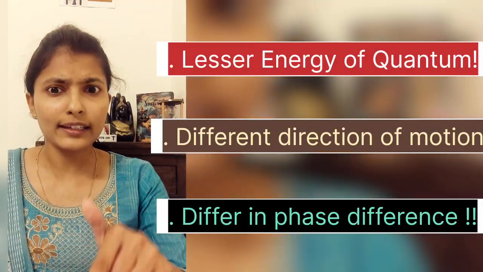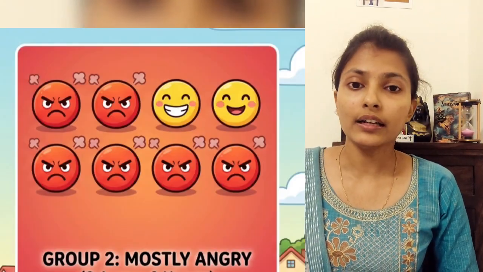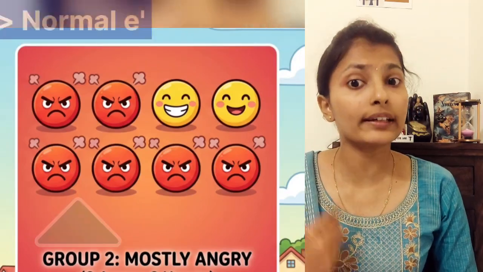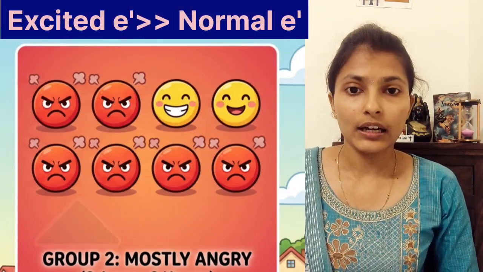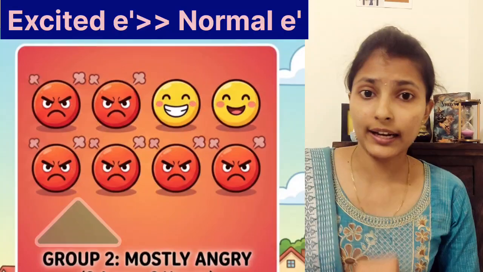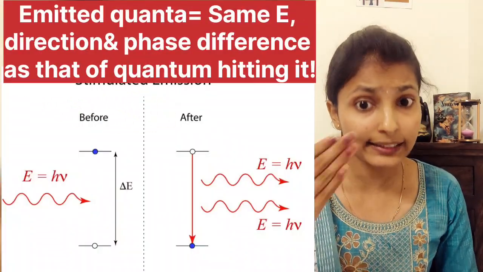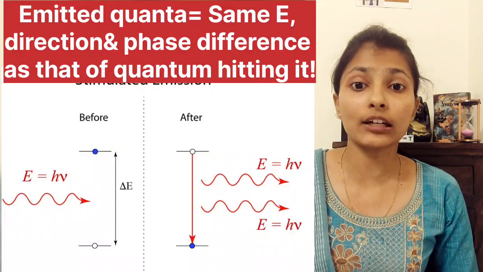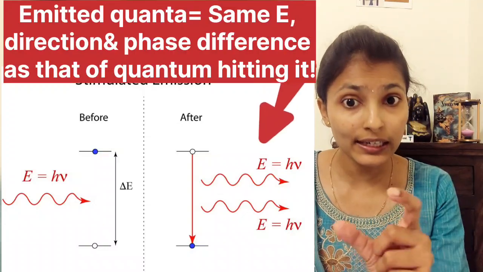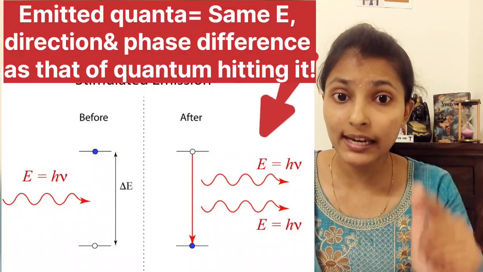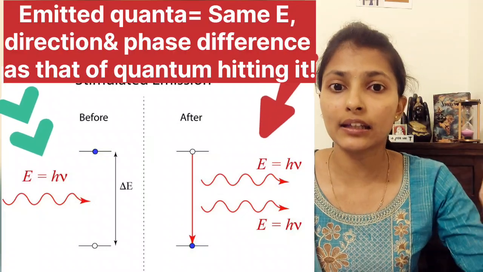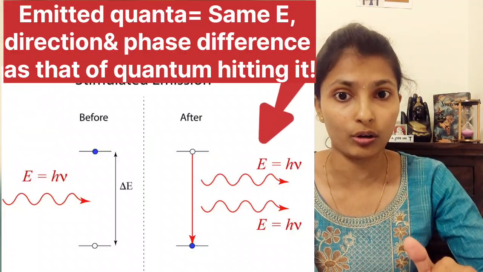Now in this Hitler's chamber, is something normal? No, here nothing is normal. Here angry electrons are in large number, right? Now when a quantum radiation hits this angry or already excited electron, it will release a quantum of the same energy, in the same direction, with the same phase difference as the photon which hit the electron.